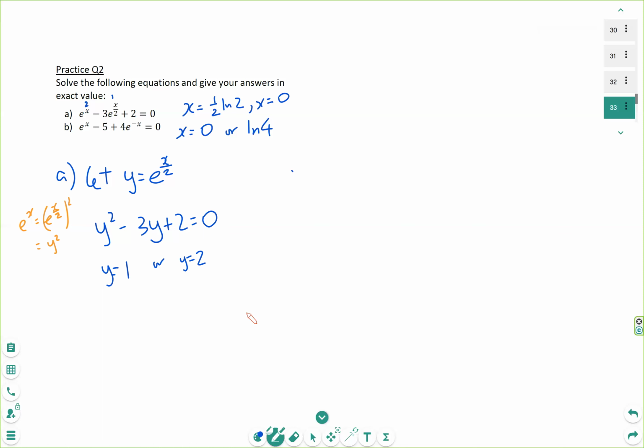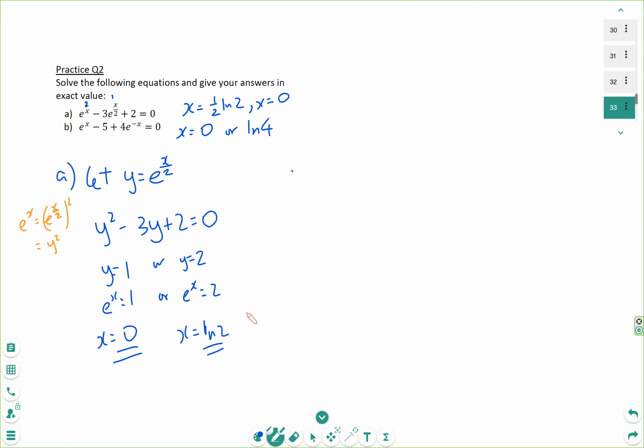So e to the power of x over 2 equals 1, or e to the power of x over 2 equals 2. e to the power of something is 1, so the something must be 0, so x equals 0 in here as well. e to the power of x over 2 equals 2, you can take ln on both sides, that gives you x equals 2 ln 2.